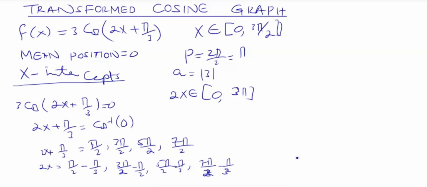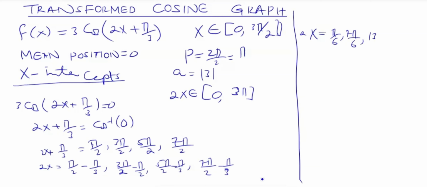I use this side just to find the x-intercept. So that gives me 6 pi, so that's how you do the fractions. So that gives me 7 over 6, so that's 13 over 6. And the last one must be 19 over 6.